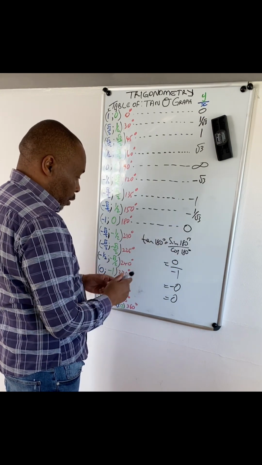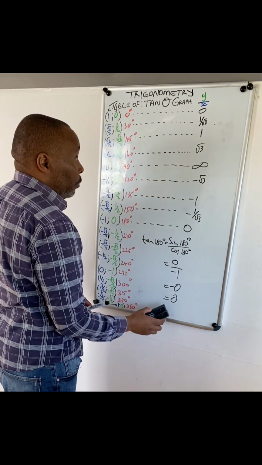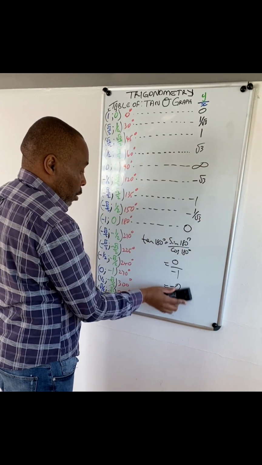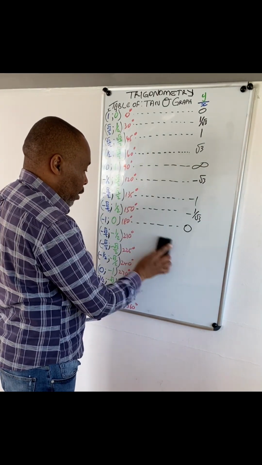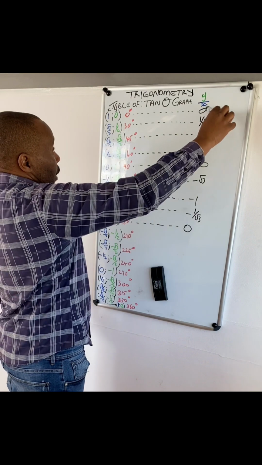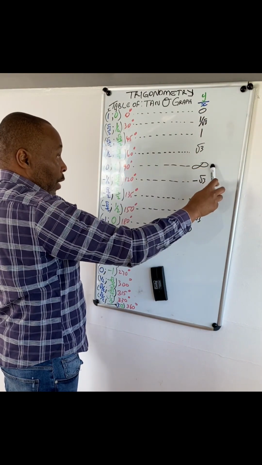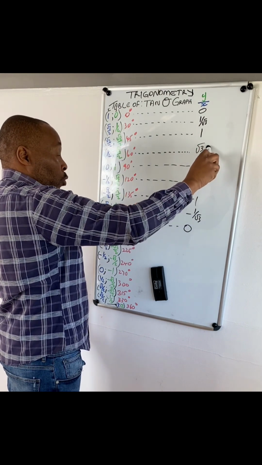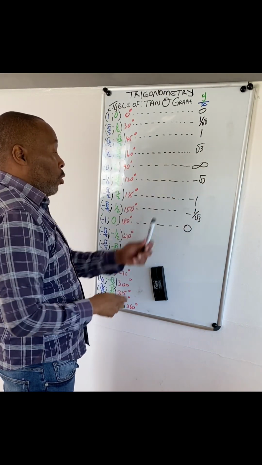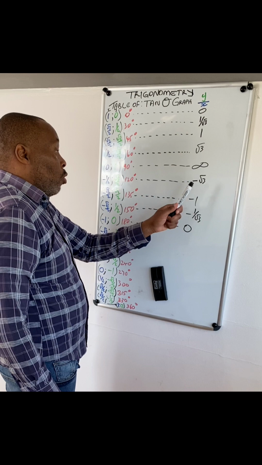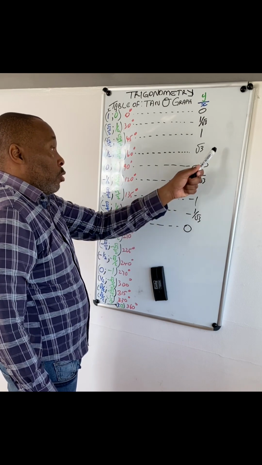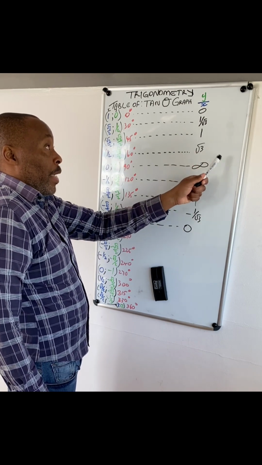Let me bring this even this side. Alright, so now you can see we came down from 0, 1 over root 3, 1, root 3, undefined. We went back to root 3 but negative this time because we are in the second quadrant. It's negative because it was positive divided by negative.